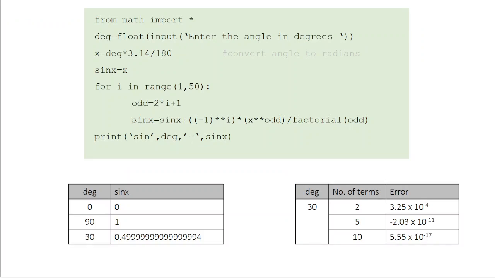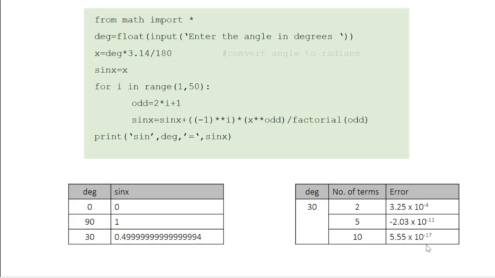Now you can cross check this. You can write this program and do it for 20 iterations or 30, 40, 50 iterations. You will find that the value of the error doesn't change much after the 10th term. So even if you include 50 terms, the error is going to be of the order of 10 to the power minus 17.